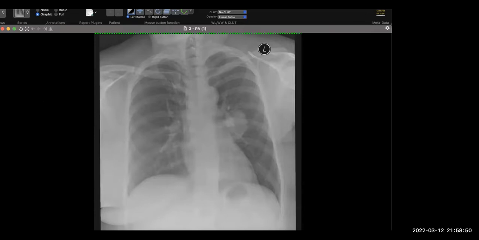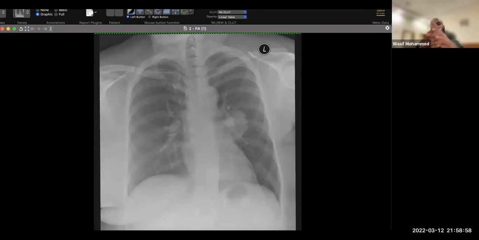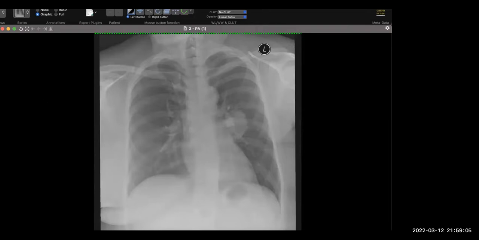I would like to further evaluate this with a CECT thorax. Is there anything else that you find important to check on this X-ray? Yes, there's an area of rib destruction associated with this lesion, just abutting this lesion. The left rib posteriorly is not well visualized, suggestive of infiltration.